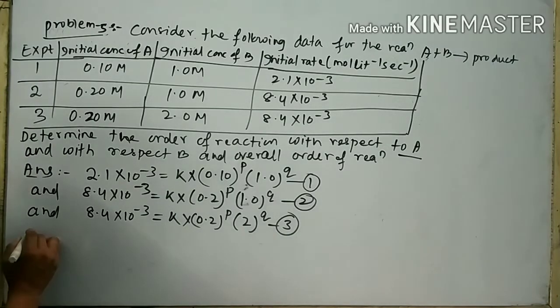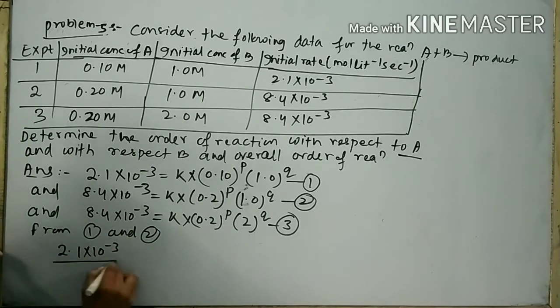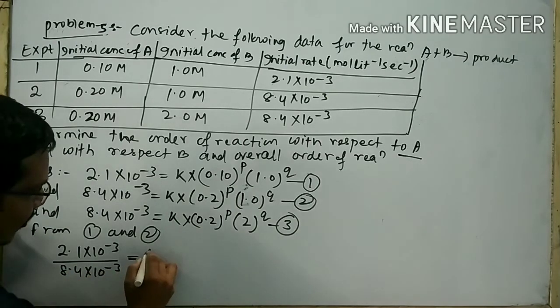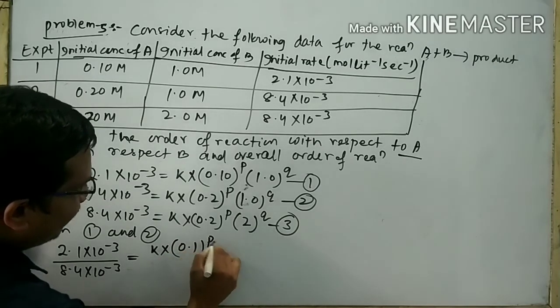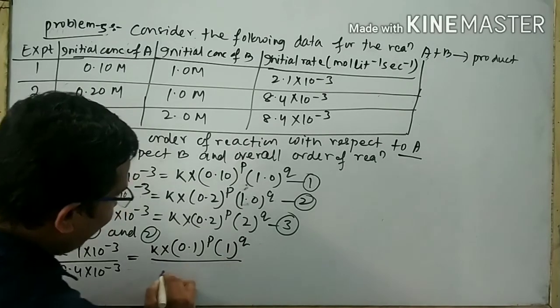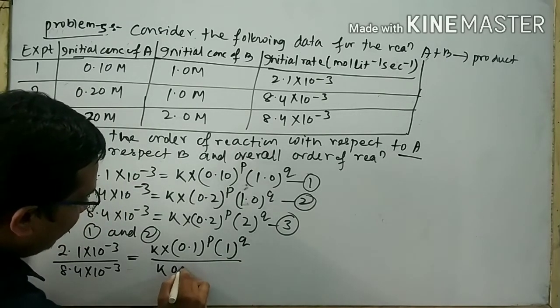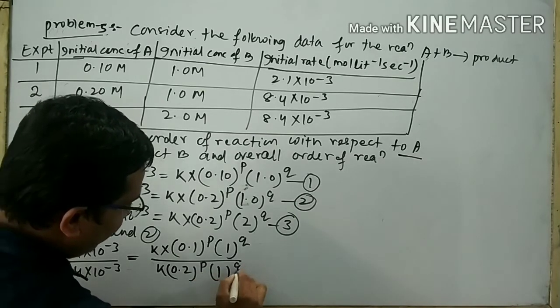So at first, from 1 and 2, we can write 2.1 into 10 to the minus 3 divided by 8.4 into 10 to the minus 3 equal to K into 0.1 to the power P into 1 to the power Q divided by K into 0.2 to the power P into 1 to the power Q.